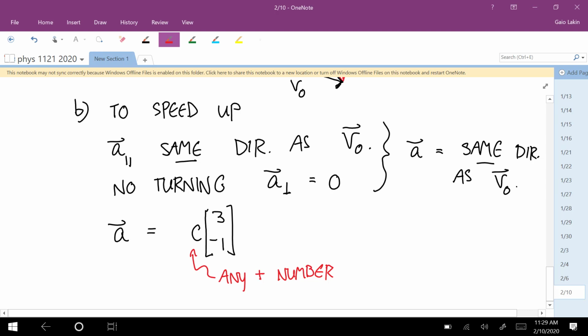If that c was less than 1, but still positive, say it's 1/2, then the acceleration would be smaller, it would be 1.5, -0.5, but it would still be making it speed up. If c was bigger than 1, you'd get values of the components that are bigger than those, but it would still be in the same direction. So like if c was 2, this would be 6, -2. Okay.